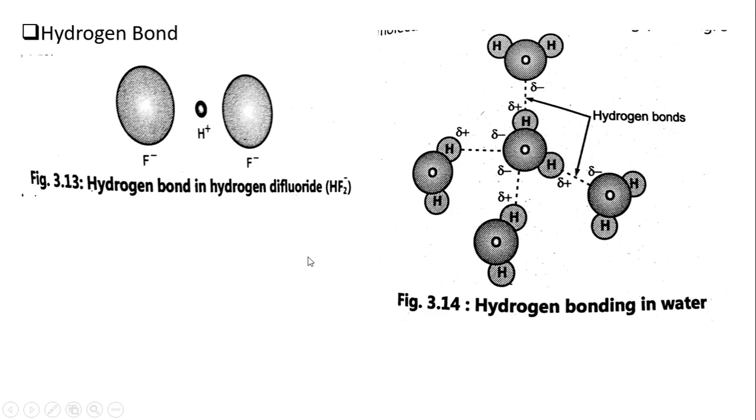The hydrogen bond is formed due to attractive dipole-dipole interaction between an electronegative atom and a hydrogen atom bonded to another electronegative atom. This bond always involves a hydrogen atom. This hydrogen bond attraction can occur between molecules or within different parts of a single molecule.